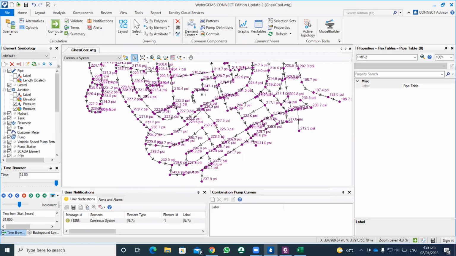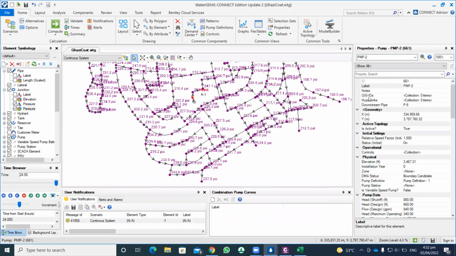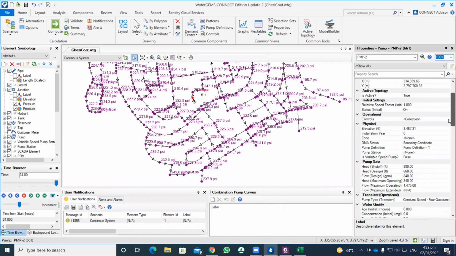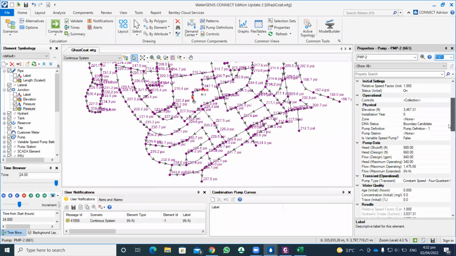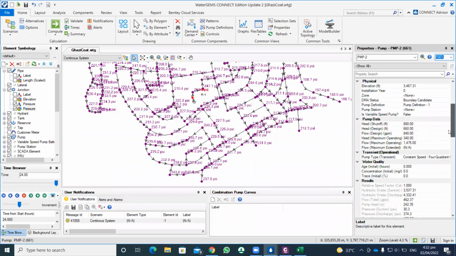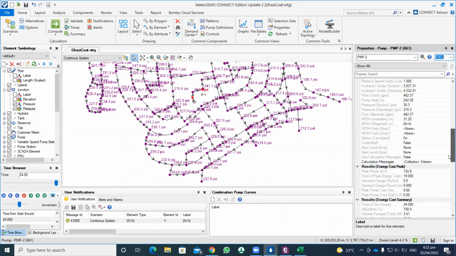So at the start of the simulation I want to close it by the status.